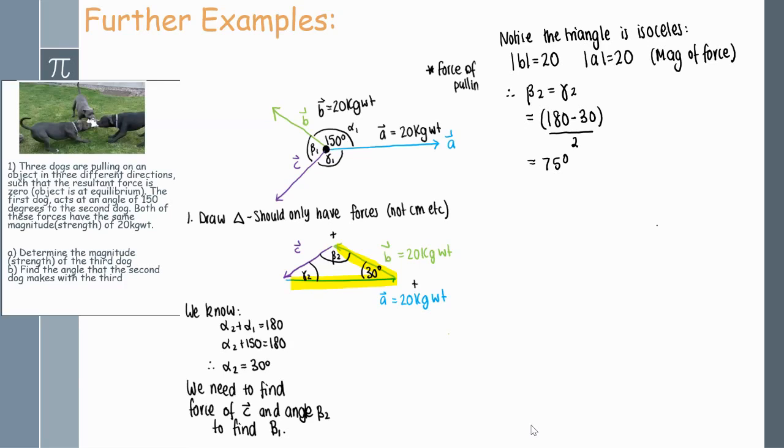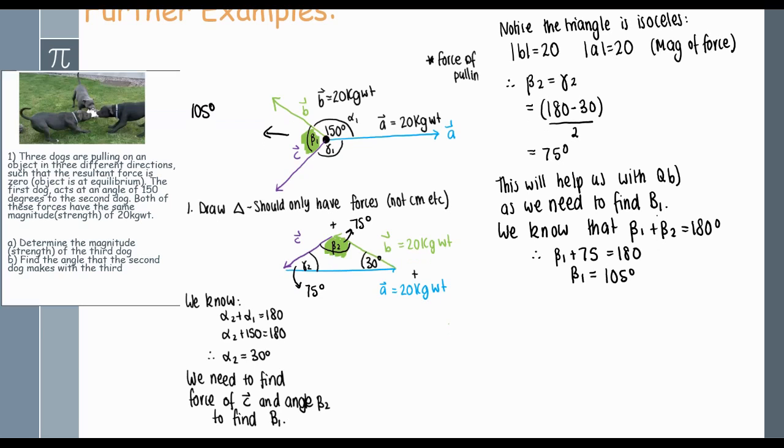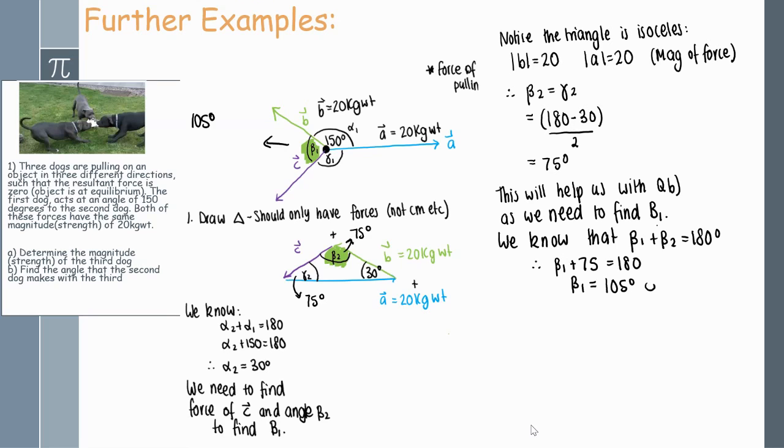Now, because we know what beta 2 is, we can say that beta 2 plus beta 1 equals 180 degrees. When we use this fact, we get that beta 1 is 180 minus 75, or 105 degrees. So that's part B of the question. And remember that I'm applying this to the original diagram.